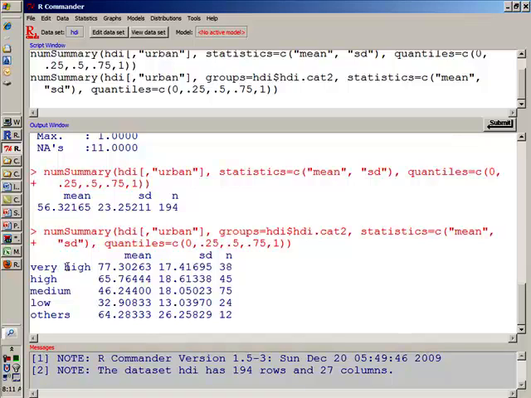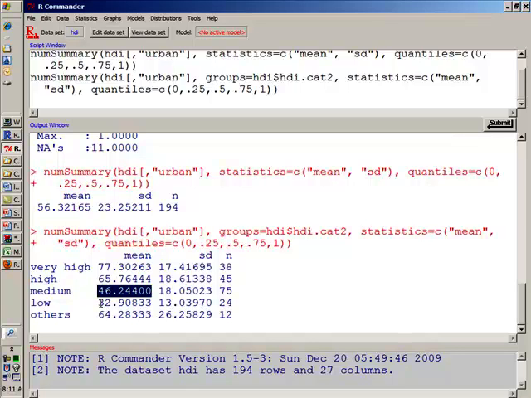You will notice that the very highly developed countries are more urban, 77% urban on average, than medium developed countries, which are 46.24%, and then the low developed countries are the least urban, where the average urbanization is 33%.